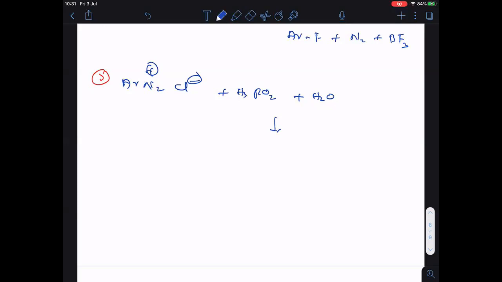Clear? Then what are the products formed here? ArH. ArH means what?